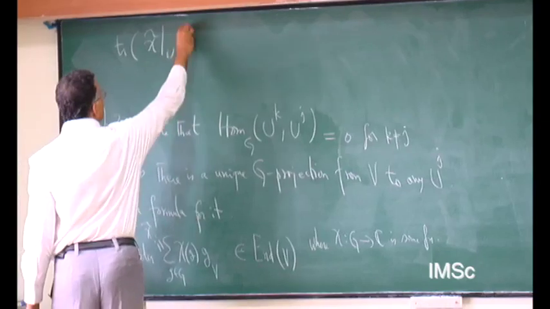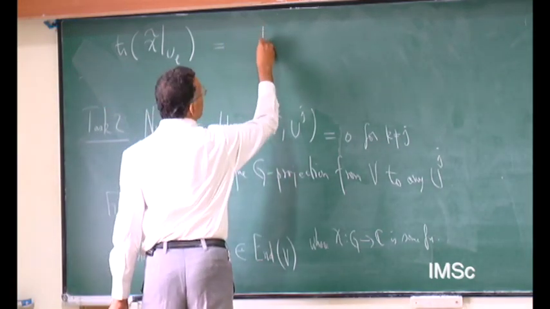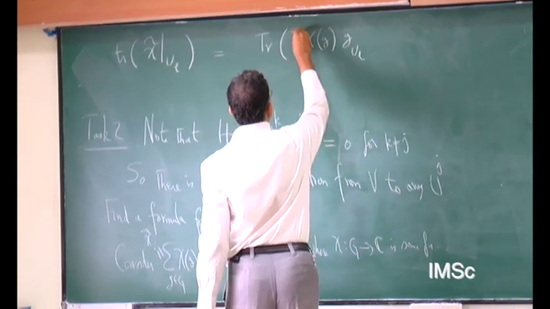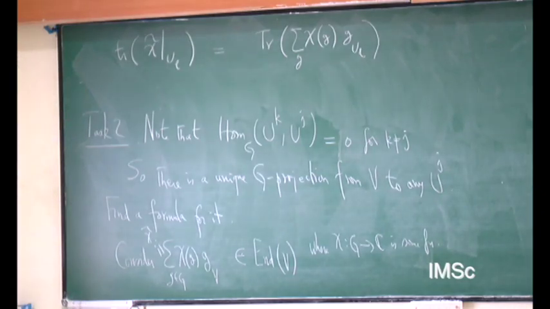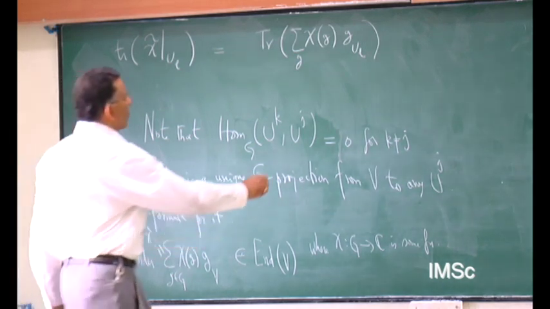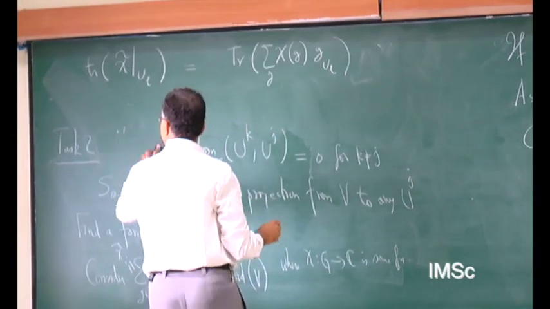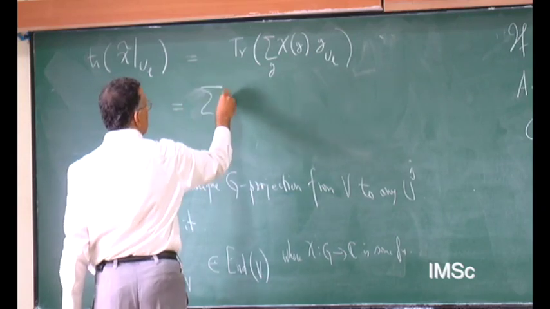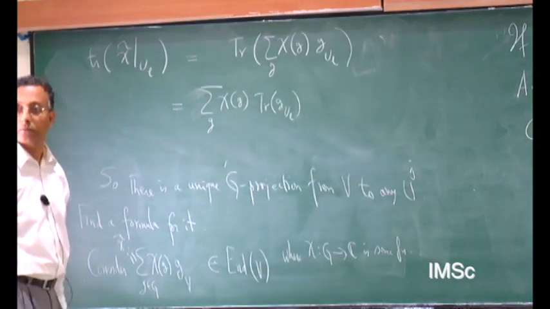So the trace of chi tilde restricted to U_L is equal to the trace of chi(g) g on U_L, which is equal to chi(g) times the trace of g on U_L.